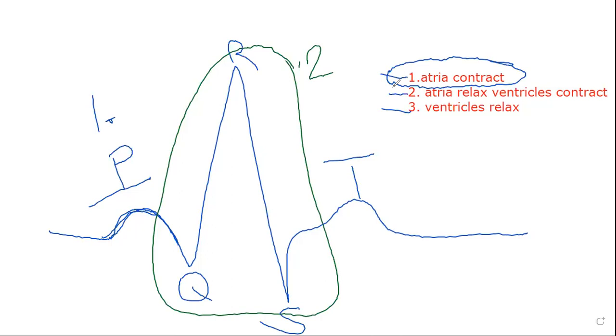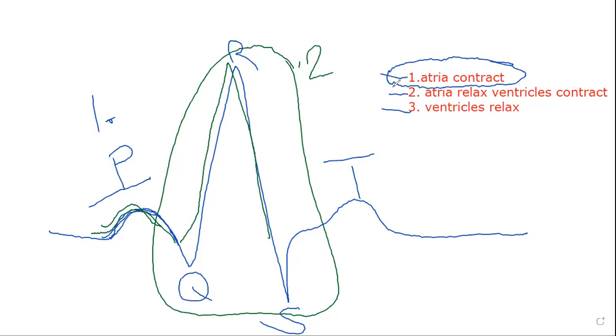Now, why do I have such a huge, bigger spike right here than here? This represents the amount of electricity. Because my ventricles need a much higher spike of electricity because they're contracting much, much stronger.